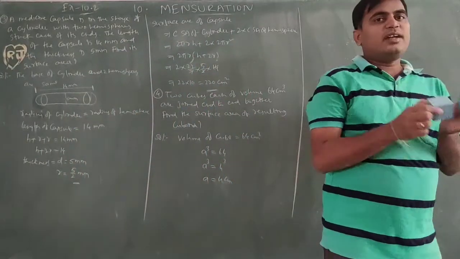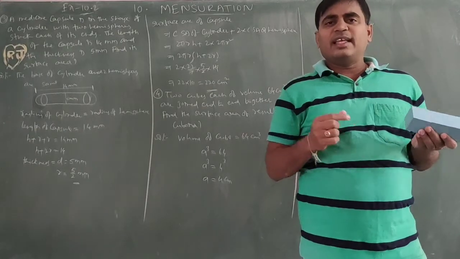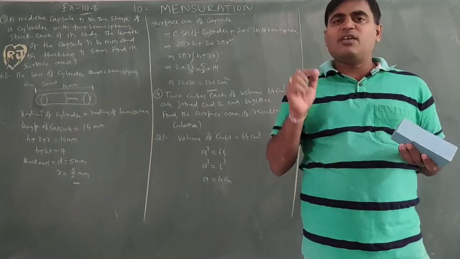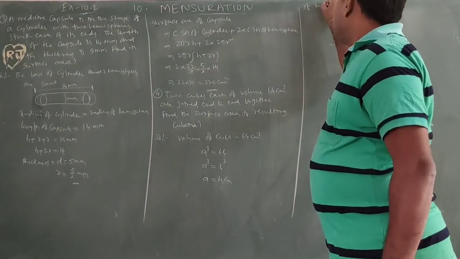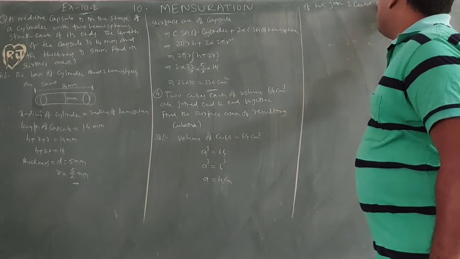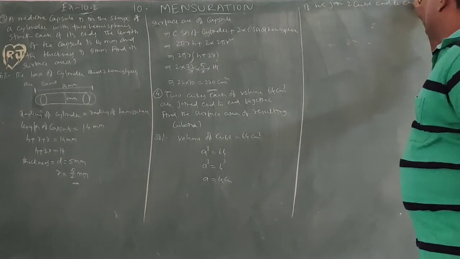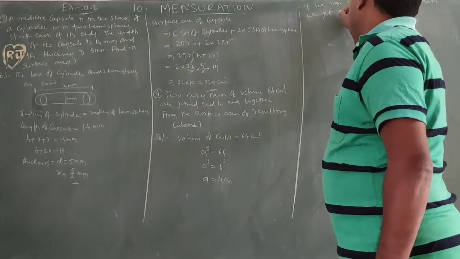Now if we join two cubes end to end, the length and breadth stay the same but the height will be different, and we get a cuboid.